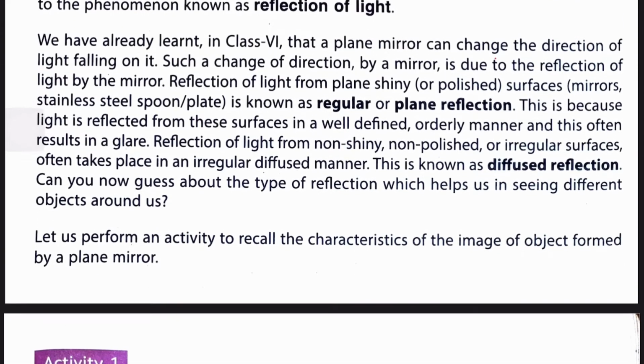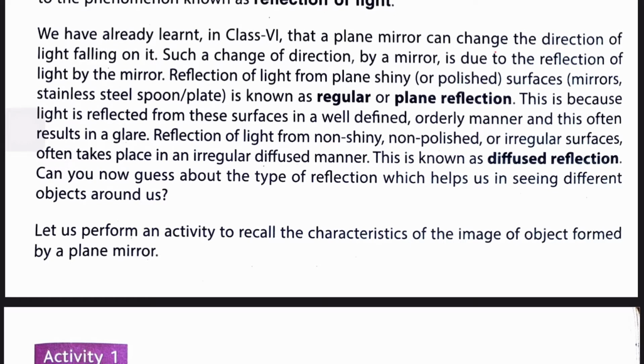Reflection of light from non-shiny, non-polished or irregular surfaces often takes place in an irregular, diffused manner. This is known as diffused reflection. Can you now guess the type of reflection which helps us in seeing different objects around us?